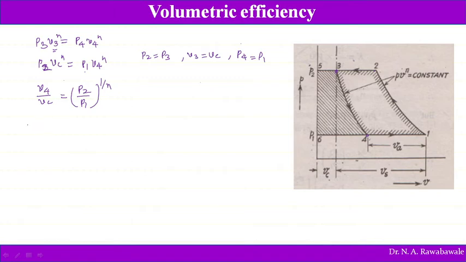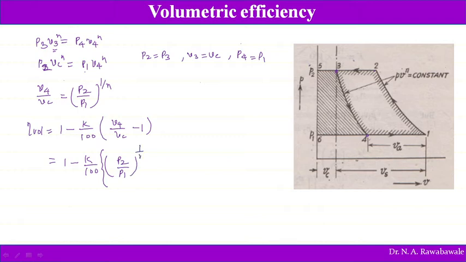Now this volumetric efficiency, which was given as 1 minus K divided by 100 into bracket V4 divided by Vc minus 1, becomes 1 minus K divided by 100 into bracket P2 divided by P1 to the power of 1 over n minus 1, in place of V4 by Vc.